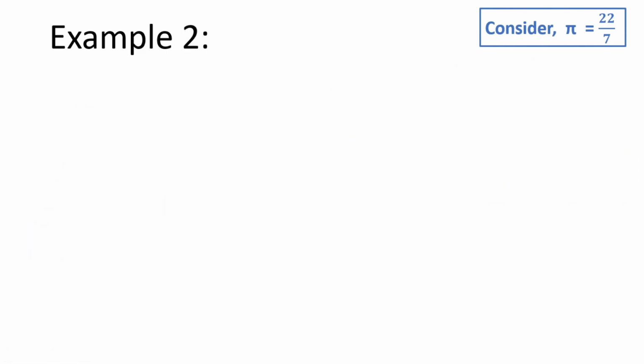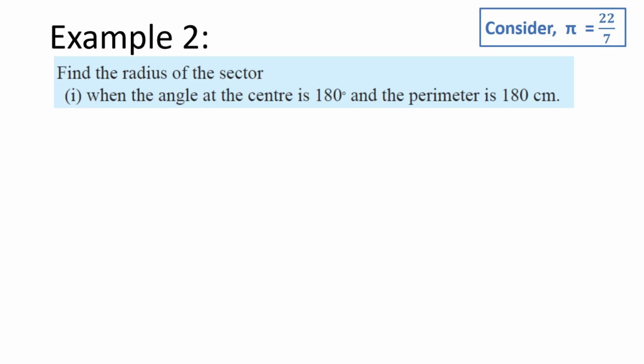Let's look into another example. In this example, they have given the perimeter and the angle at the center. You have to find the radius. You can apply the theta and perimeter values to the equation and you can get the radius of the sector. Perimeter is given as 180 centimeters and the angle at the center is given as 180 degrees.